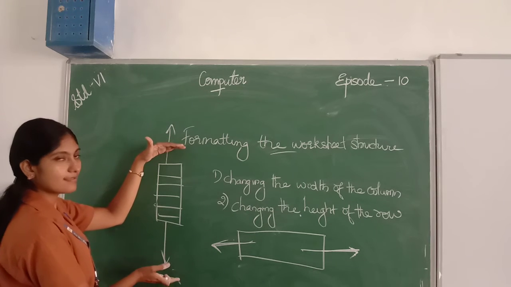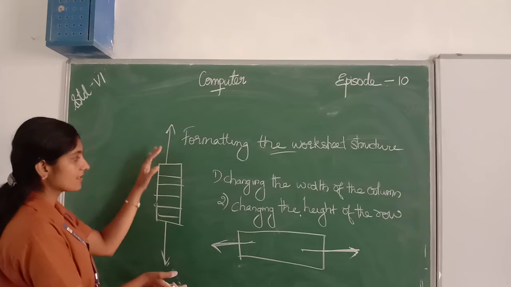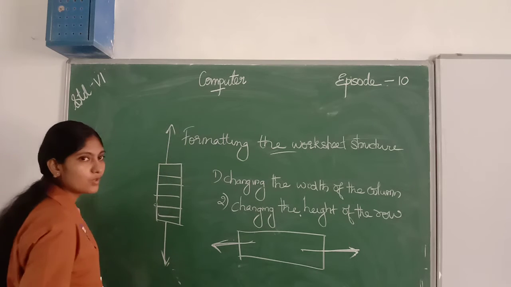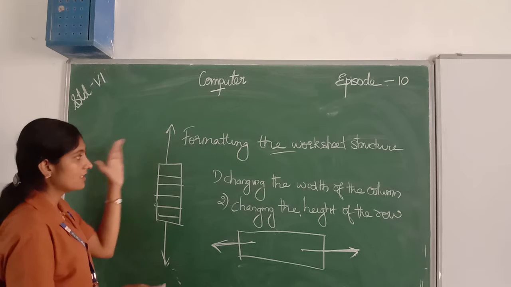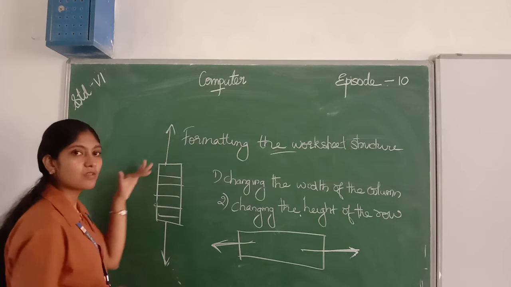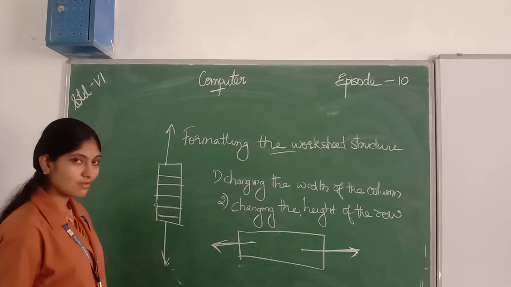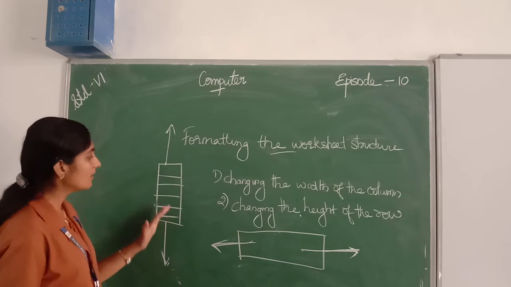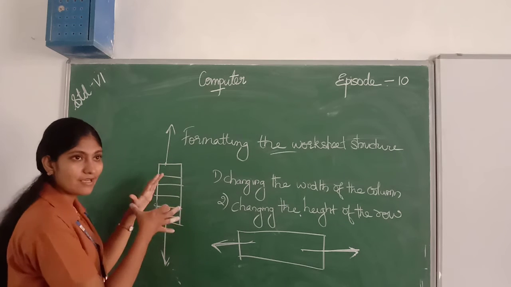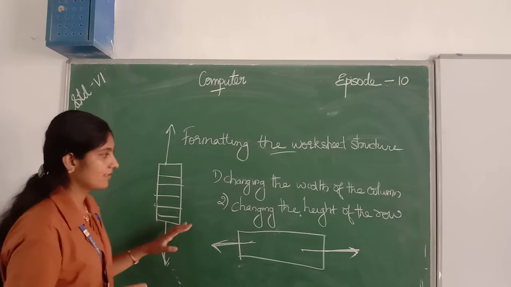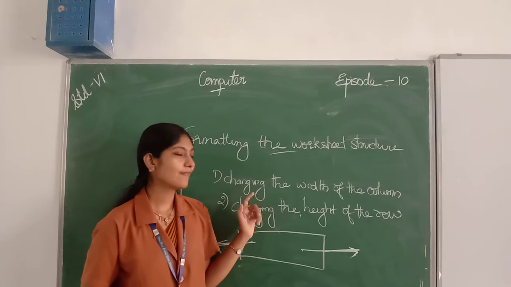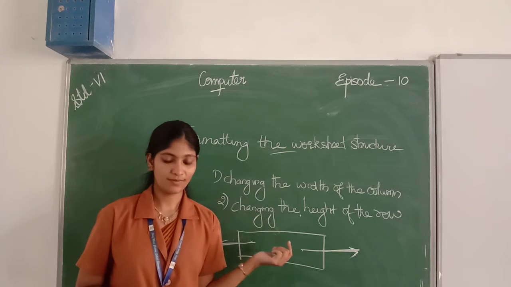So to increase the row height, just click on the entire row you want to increase. Then drag it to the top portion or down portion. Finally the whole row will be enlarged. So that's how to change the width of the column and the height of the row.